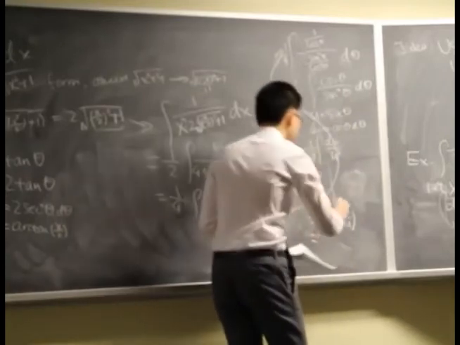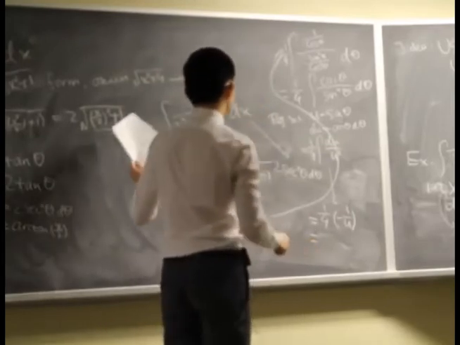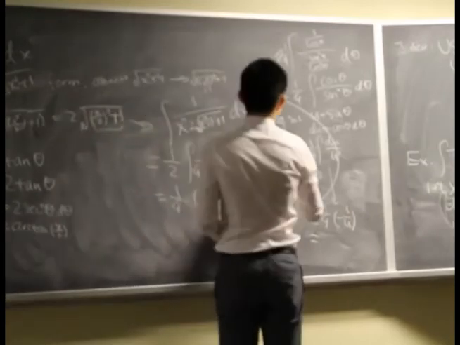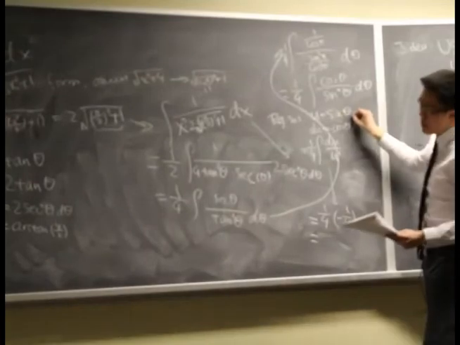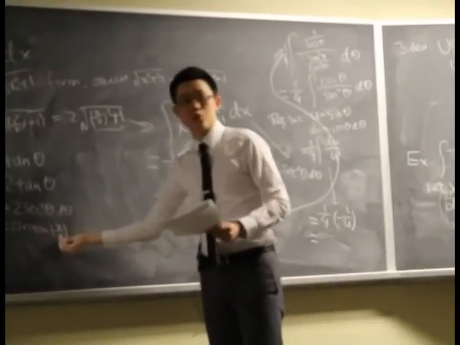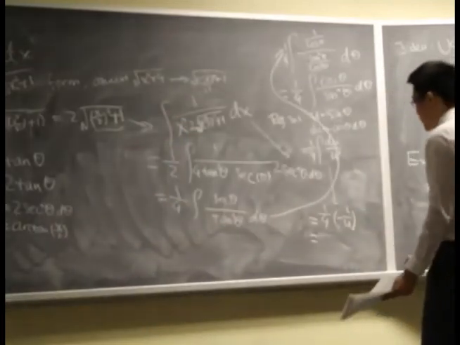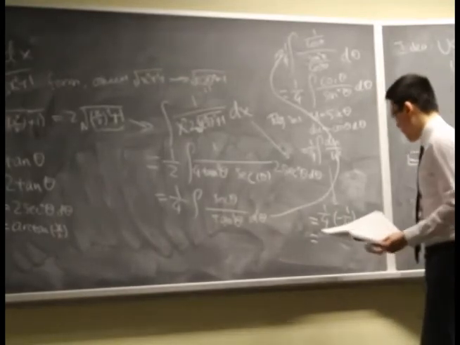And that will be the final result, but we have to reverse the substitution back twice. So we first reverse u to theta, and then we have to use this theta right here and convert it back to x. And later on you'll see an example where I'll have to do 3 substitutions, and you have to reverse it one by one.